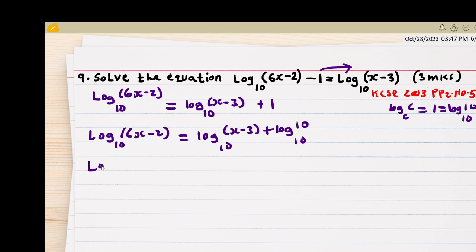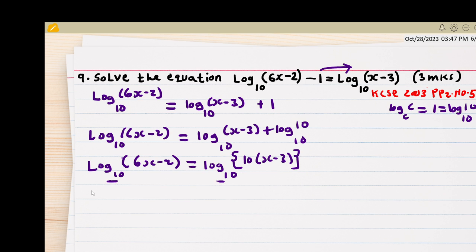So this will be log to base 10 of (6x minus 2) is equal to log to base 10 of, when you add you are supposed to multiply, so this will be (x minus 3) multiplied by 10, so 10 into (x minus 3). Then of course I'm going to drop log to base 10 since I have one log to base 10 on the right and the left hand side.